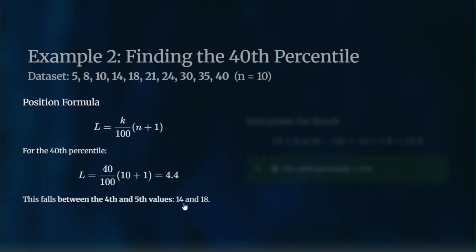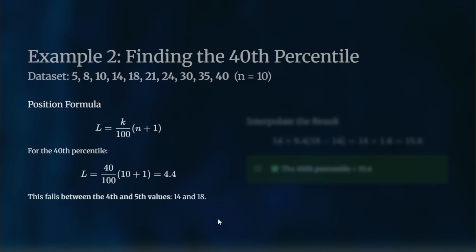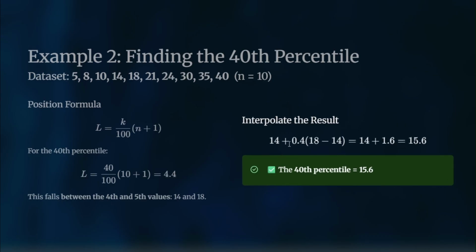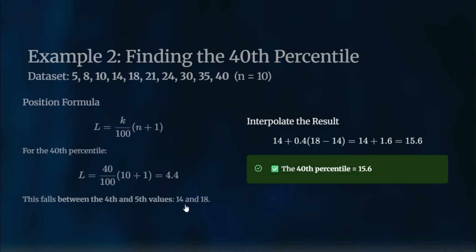Some books will just say it will be the 4th value, which will be 14, but if you want to find the exact value, we can interpolate the result. So we'll do 14 plus 0.4 times 18 minus 14, because we know that the 4th value is 14 and the 5th value is 18.